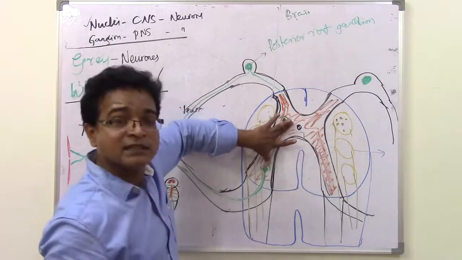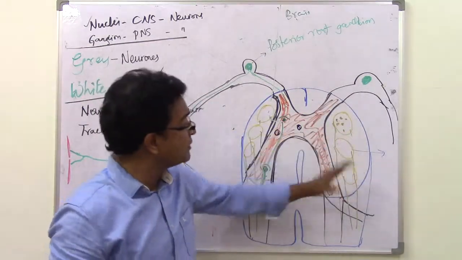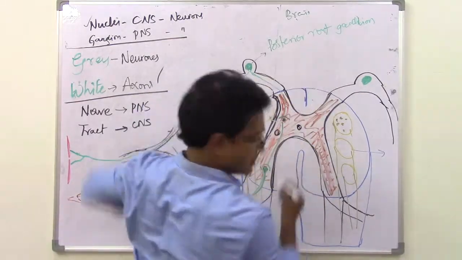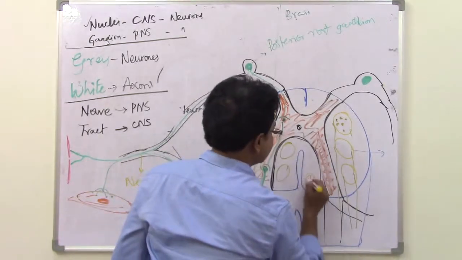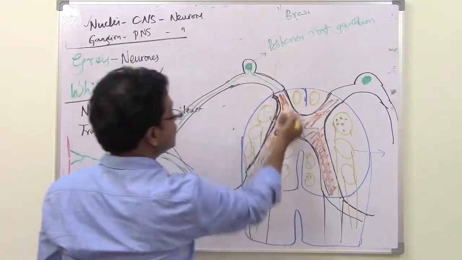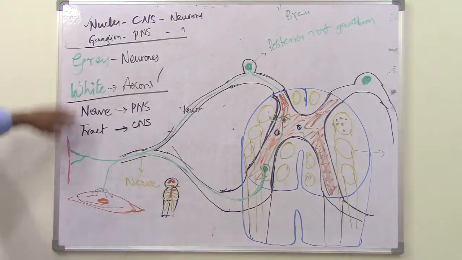Most of the cell bodies and unmyelinated fibers are there in the gray area. It is the center, and the lateral part and anterior posterior parts are mainly made up of different kinds of tracts, which are nothing but again these nerve fibers. So three important takeaways.